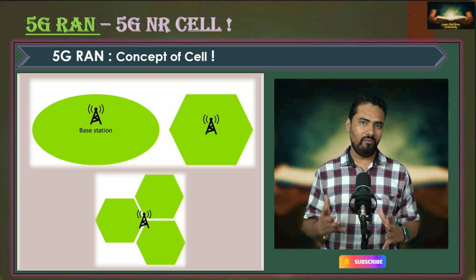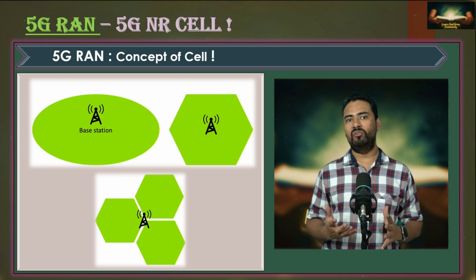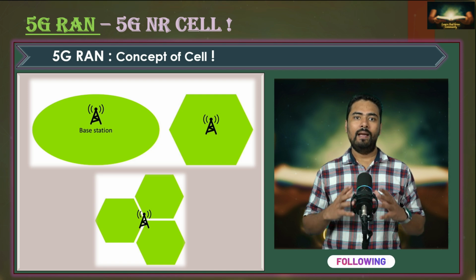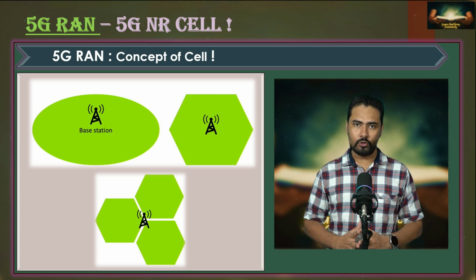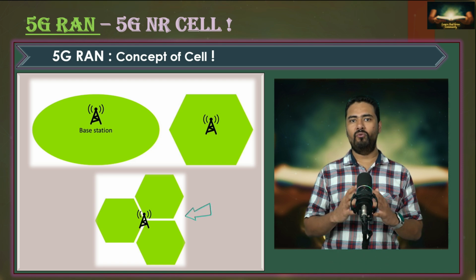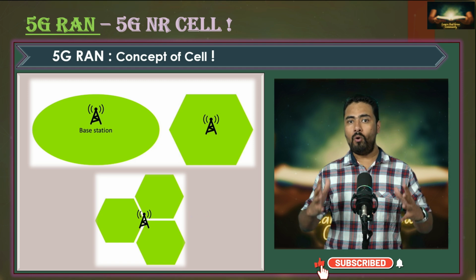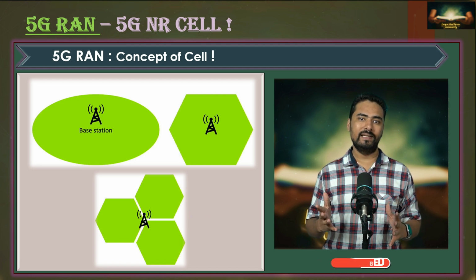However, later we started using cell sectors to increase cell capacity and coverage. Now these three sectors are called individual cells, corresponding to one base station. In the bottom picture, this is a better representation where a base station is placed at the corner of the hexagon, and now it has three hexagons. Each hexagon represents an individual cell.